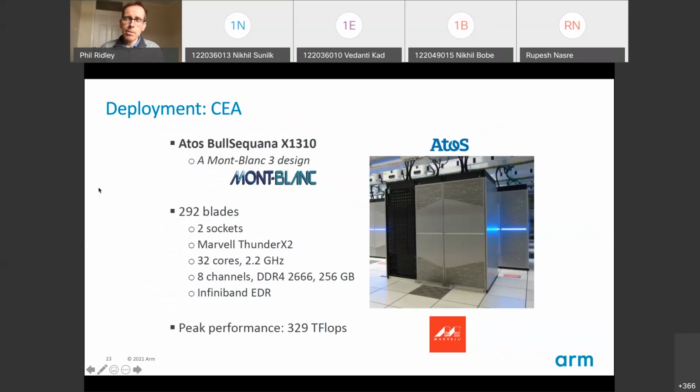In Europe, in France, more recently, also based on a similar processor, we have at France's CEA establishment, which is to do with atomic energy, their Bull-based system.